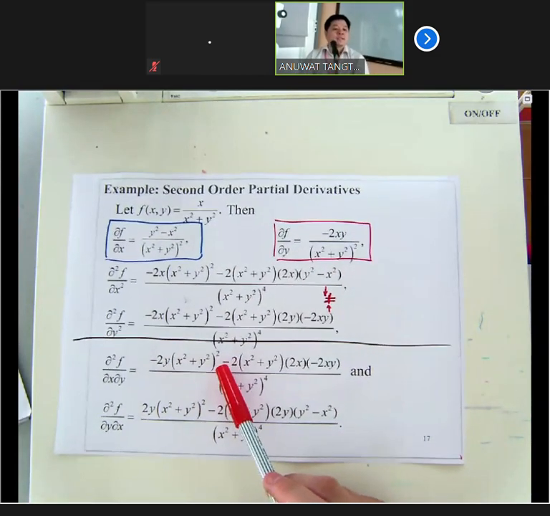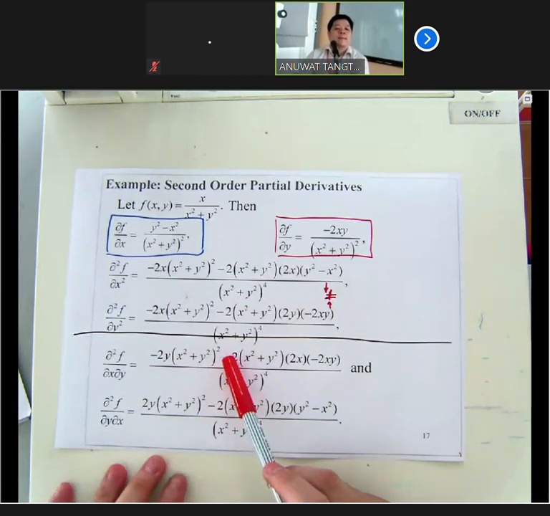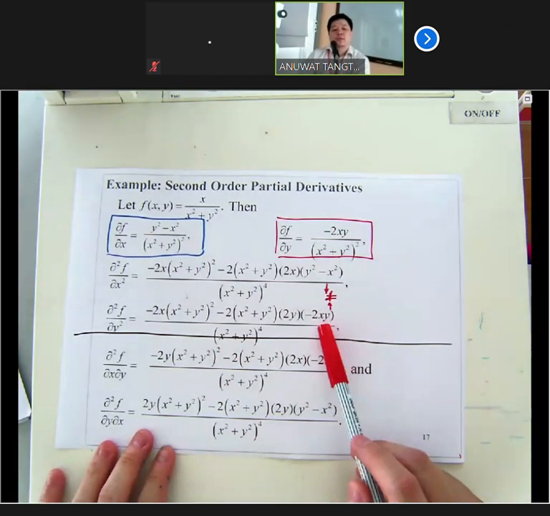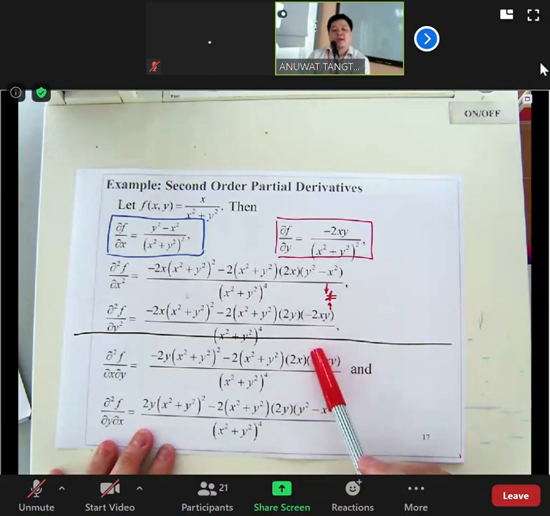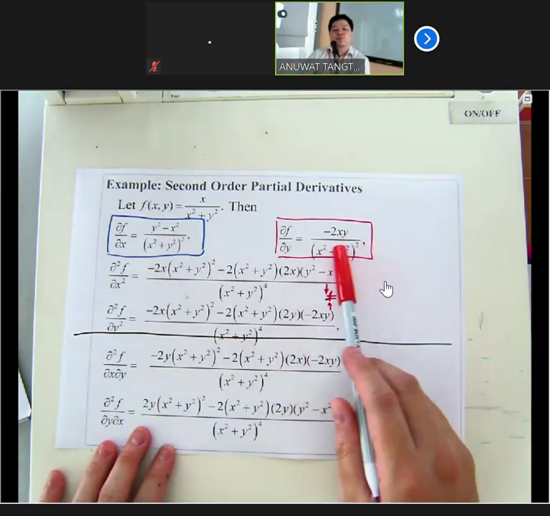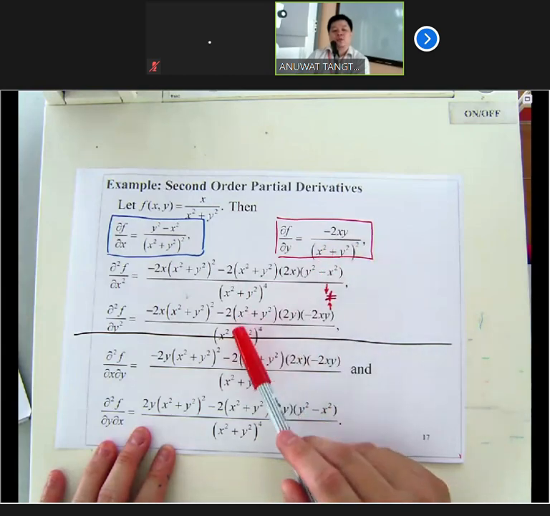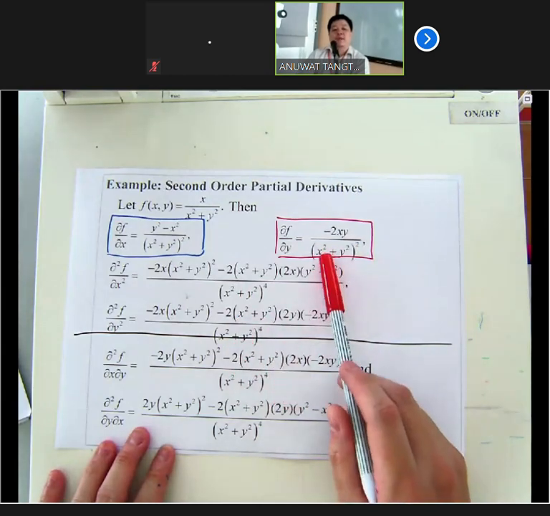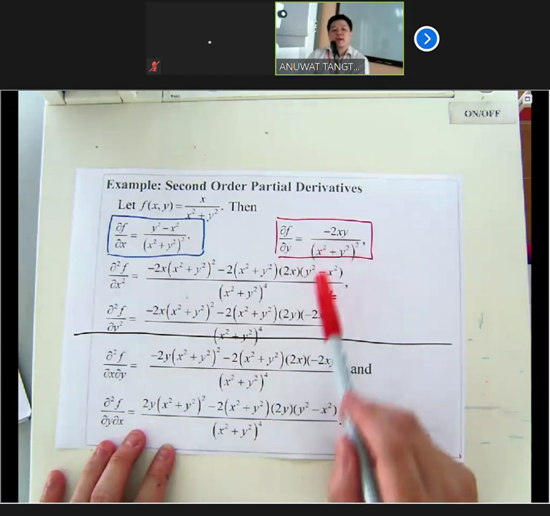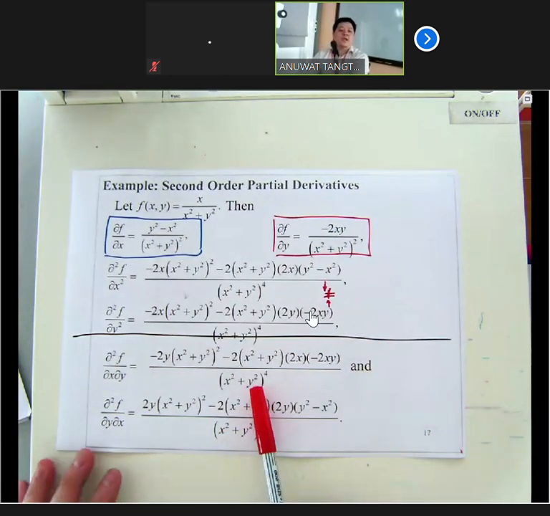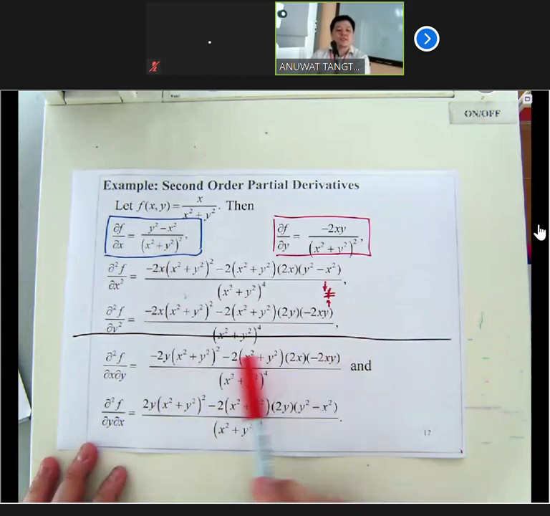And then minus u, so minus 2xy there, and then differentiate this one with respect to x. So we get 2 of x squared plus y squared here, and when we differentiate this with respect to x, it comes out to be 2x there. So it comes out to be this term.